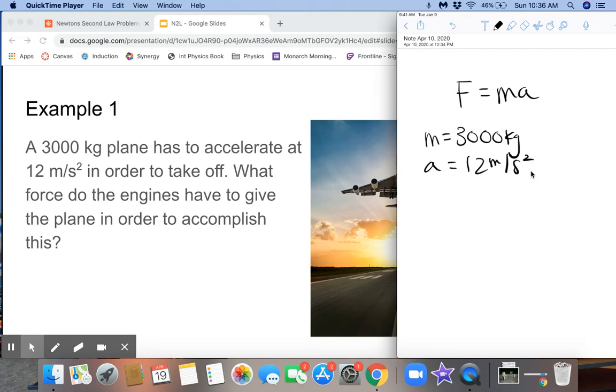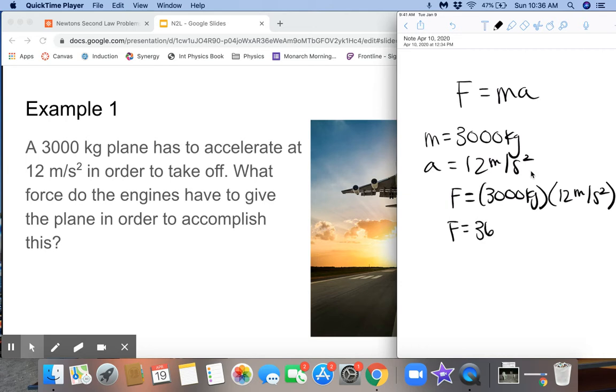So now that I know these variables, I can plug them into my equation. I get force is equal to mass, which is 3,000 kilograms, times acceleration, which is 12 meters per second squared. Then I can plug this into my calculator. I get 3,000 times 12, and I end up getting 36,000.